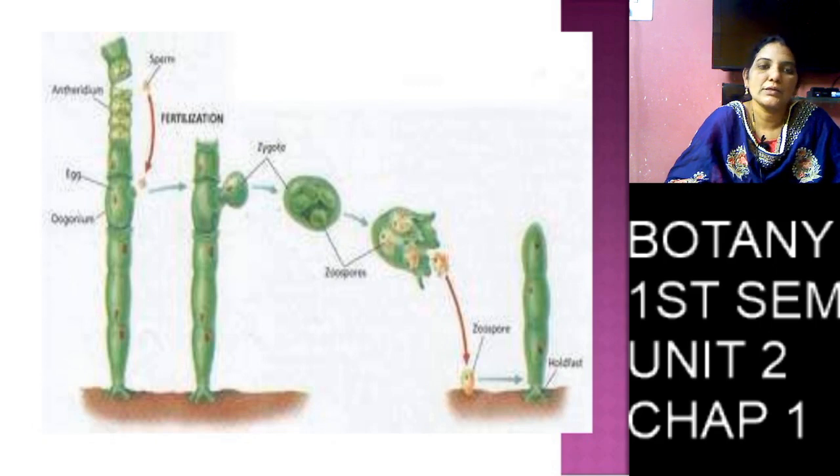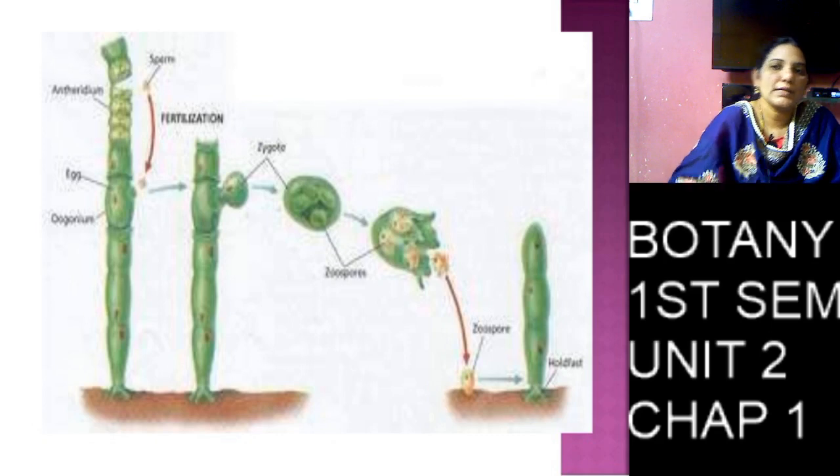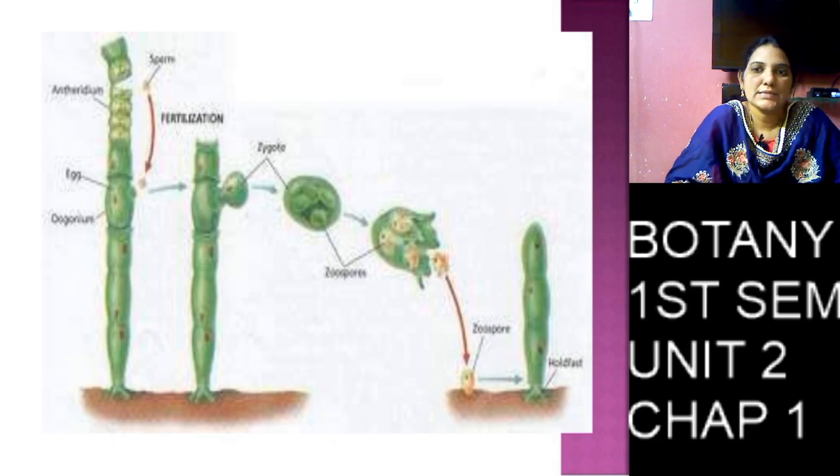Here the cell converts into an antheridium mother cell, and the antheridium mother cell is divided into so many cells. Each cell converts into one androspore.